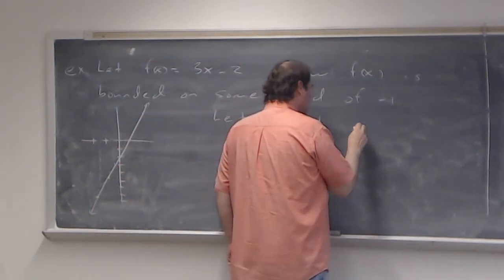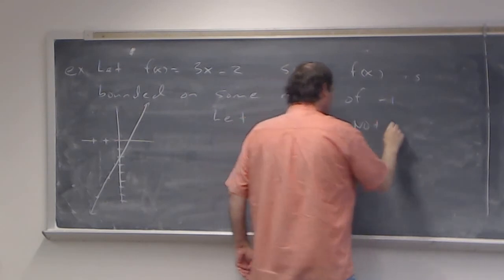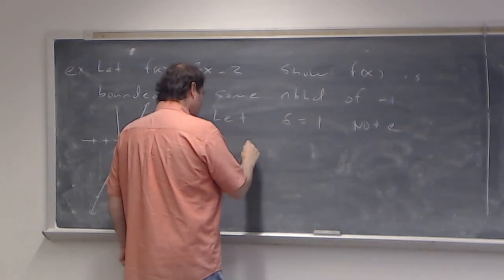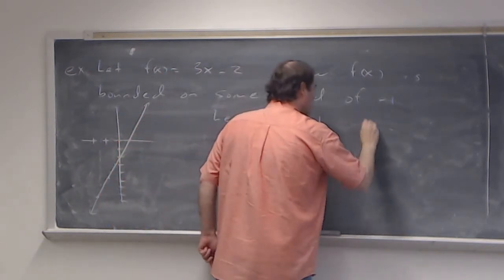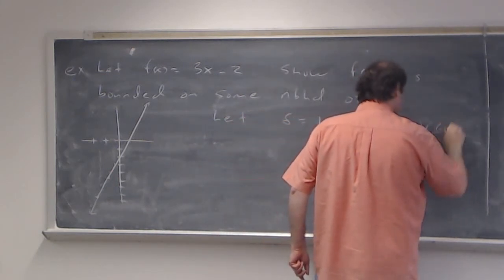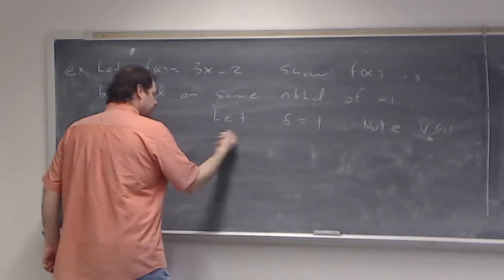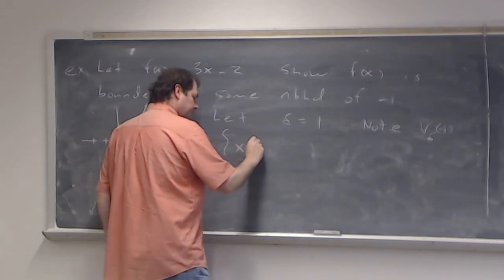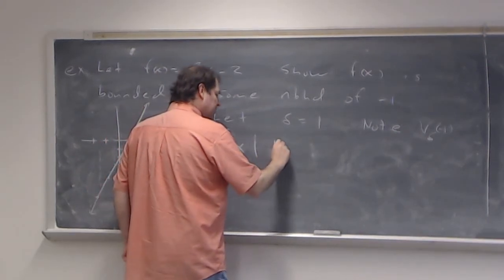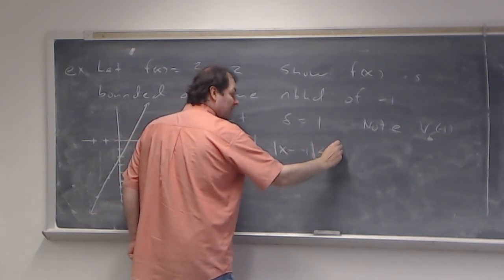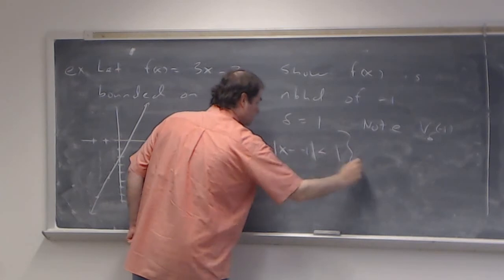That's all right. So note, what am I talking about? Note V sub delta of 1 of minus 1, that's the neighborhood we're talking about. What is that equal to? That's equal to the set of all x values such that the absolute value of x minus minus 1 is less than, and delta in this case is 1.